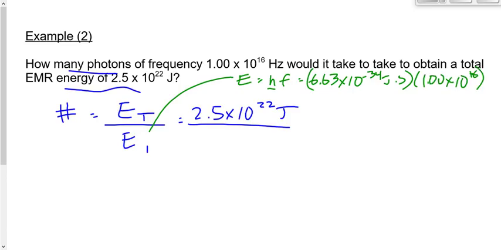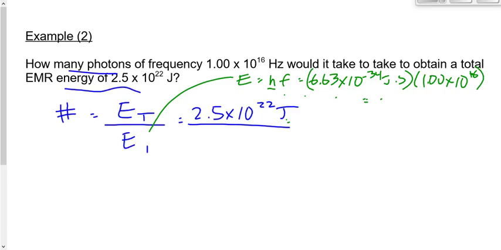Now, had you been given this total energy in electron volts, then what would you have done? You could have converted that to joules, or you could have found this energy in joules and then converted to electron volts, or you could have just used the 4.14 value for that and skipped a step there.